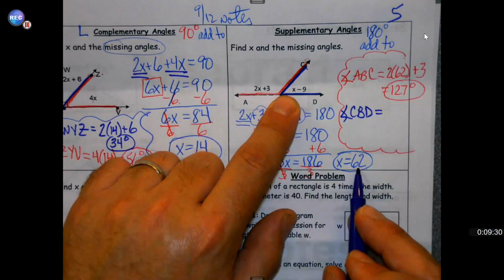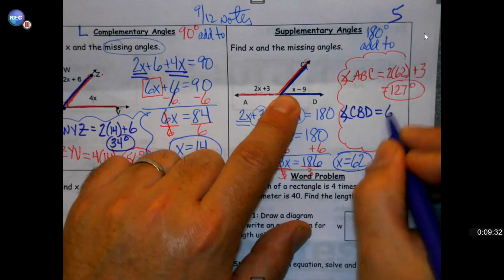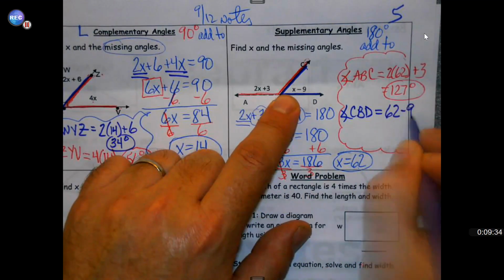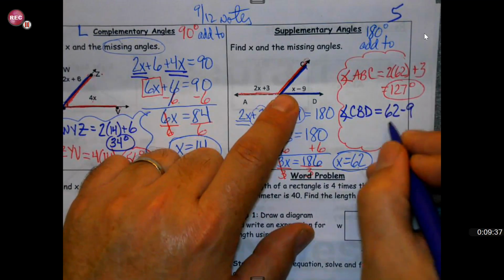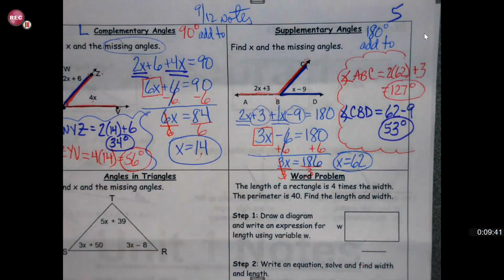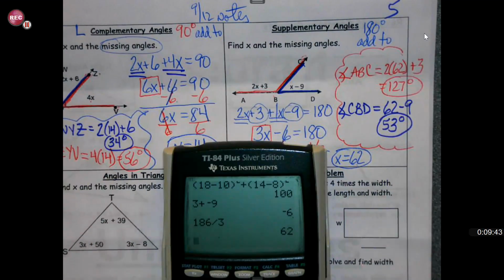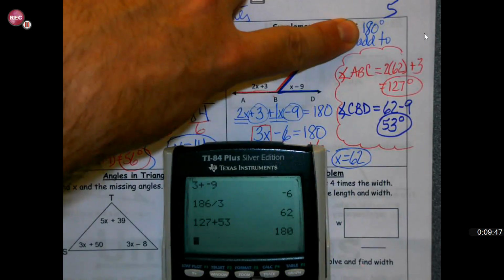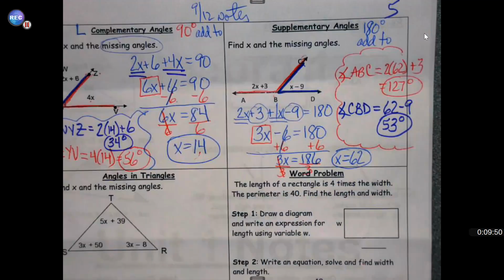I plug in my x value for x. Subtract that, and again, what I'm looking for is, do my two angles add up to 180? And they do. So I'm fairly confident I did that one right.